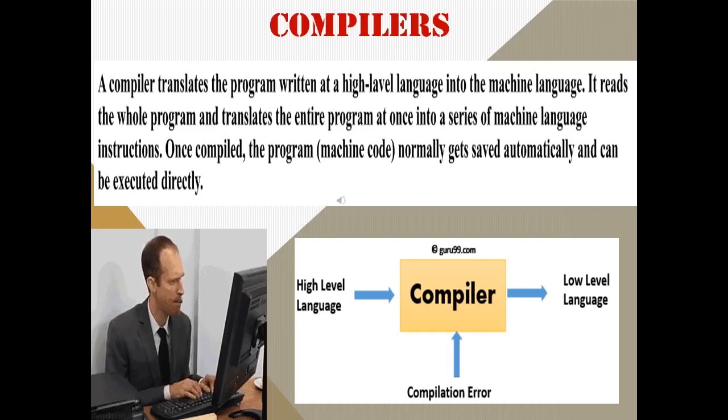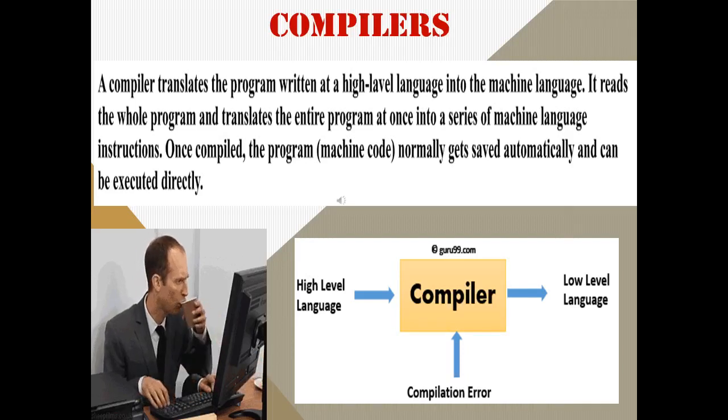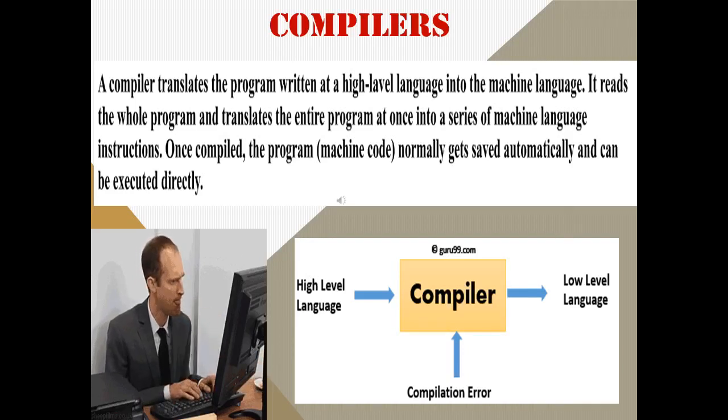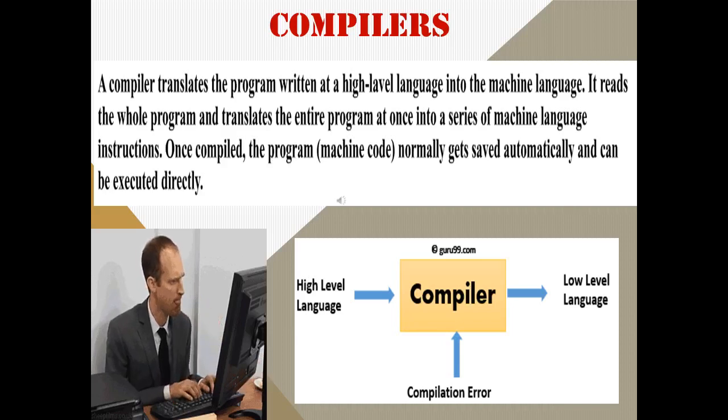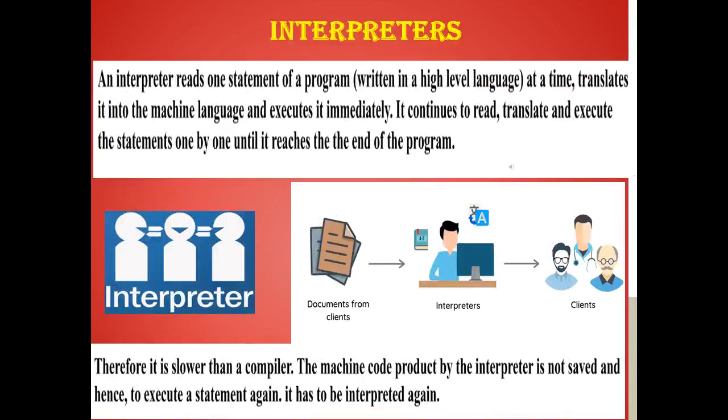Compilers read the whole program and translate the entire program at once into machine language. Once the program has been translated, it is saved automatically and executed directly. Look at the picture.